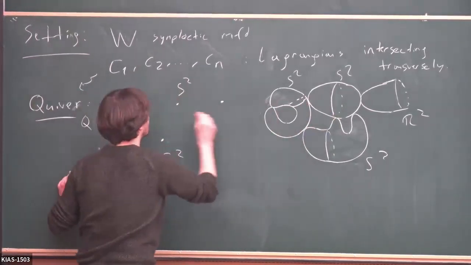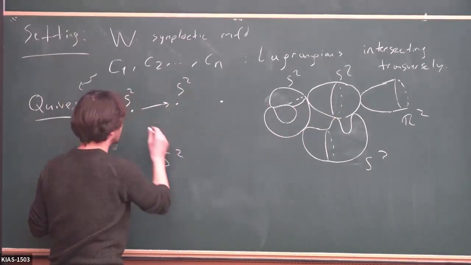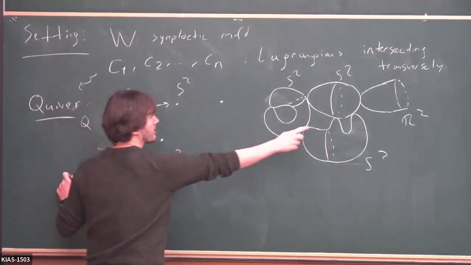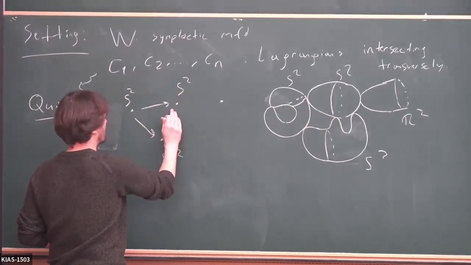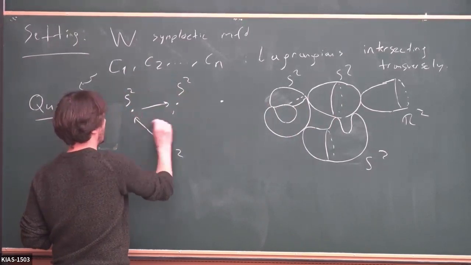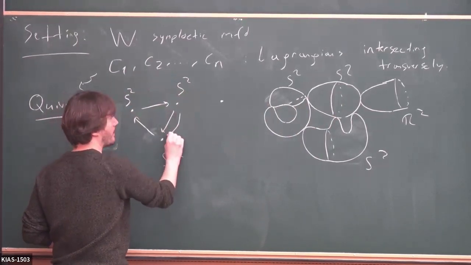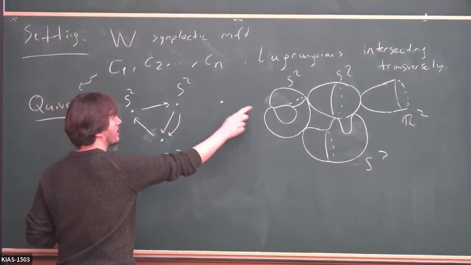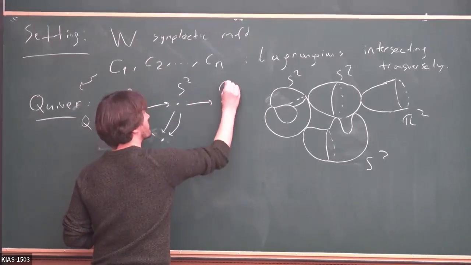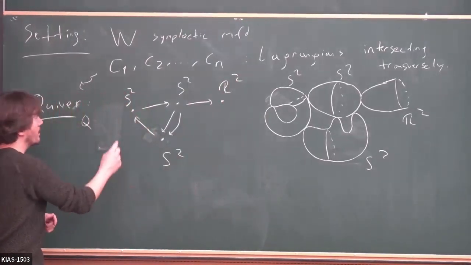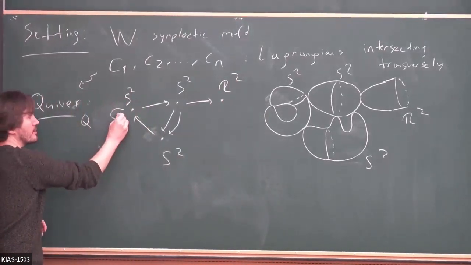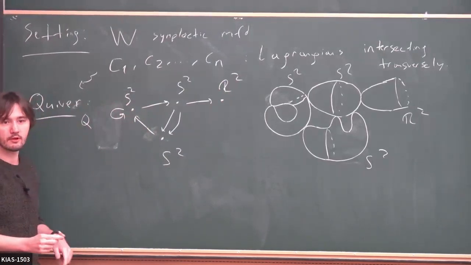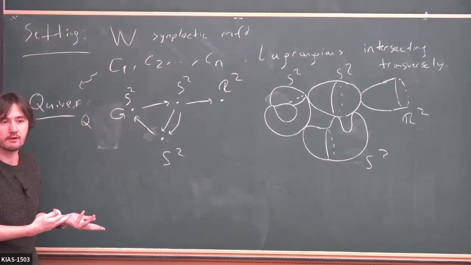So there's an intersection between these, put an arrow, an intersection here. So there are two intersections here. And one intersection there, this is R2. And one self-intersection, so self-intersection means loop. So I get this quiver.